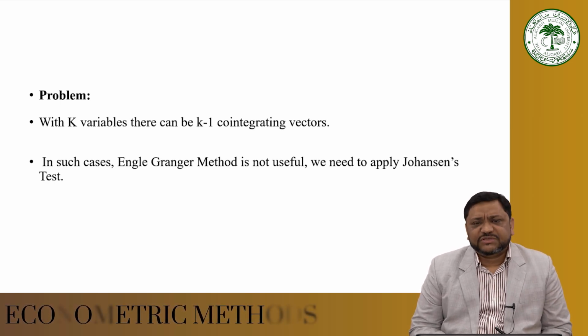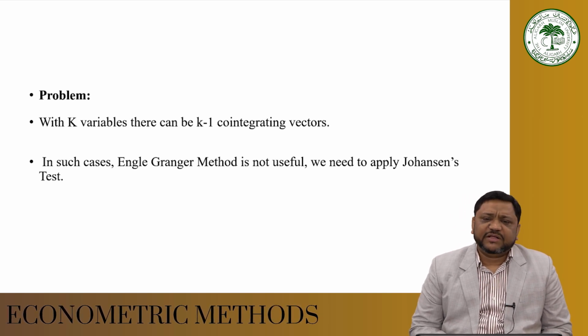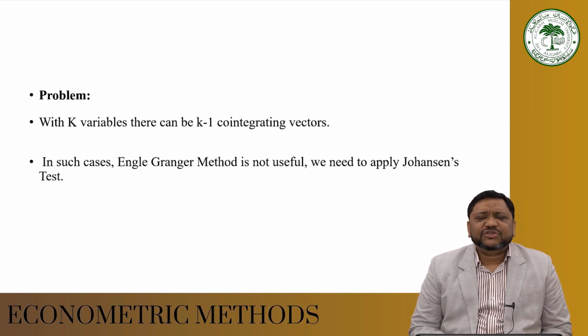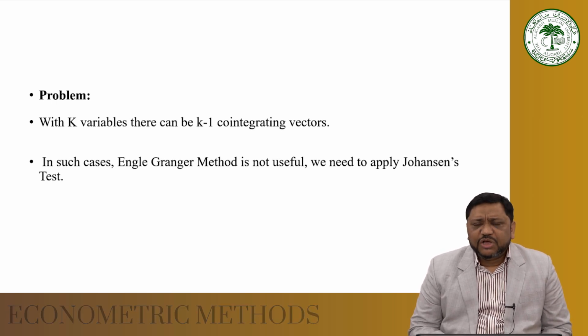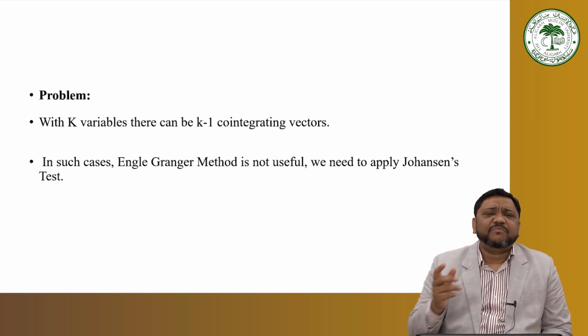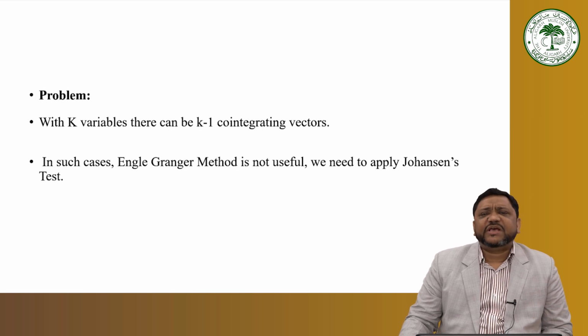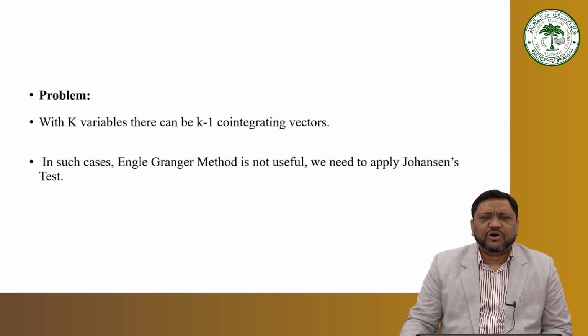One may be between Xt and Yt, and the other may be between Yt and Zt. In Engel-Granger, we do not know if there is one or more cointegrating relationships. If there are k variables, there can be k minus 1 cointegrating vectors. In such cases, we have to go for another test apart from Engel-Granger.